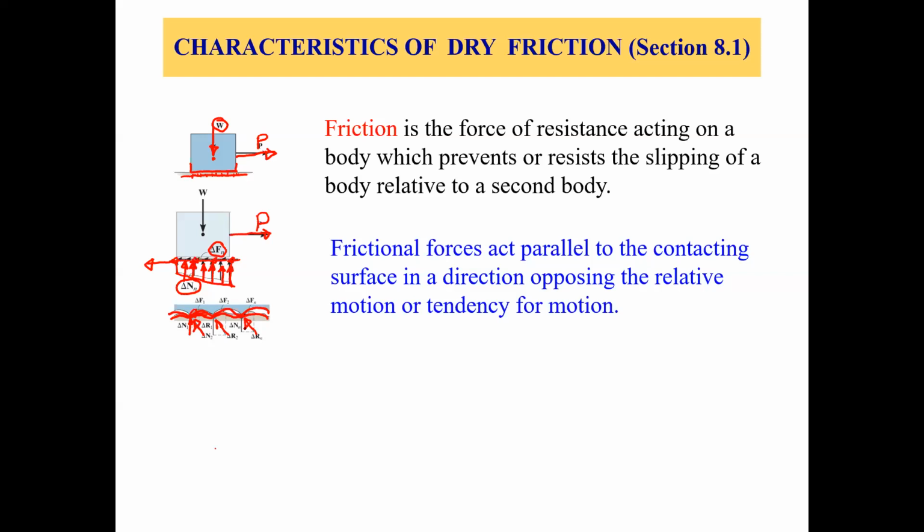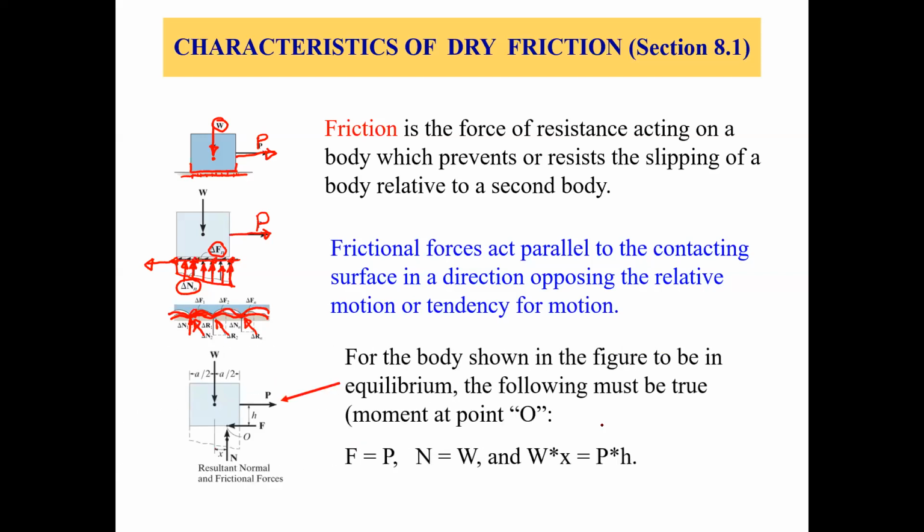We already talked about how frictional force acts parallel to the contacting surface in a direction opposing the relative motion or tendency for motion. Now, for the body shown in the figure to be in equilibrium, the following must be true.